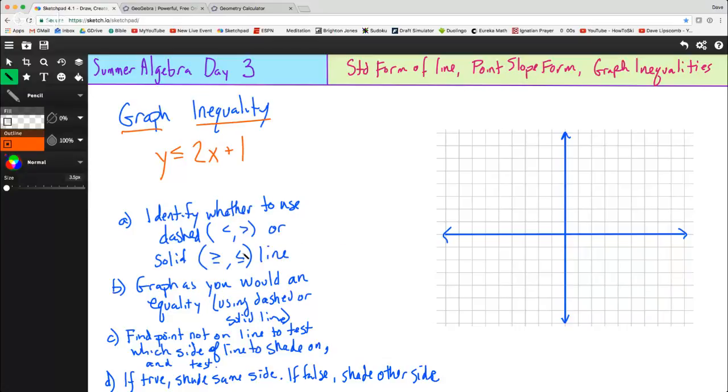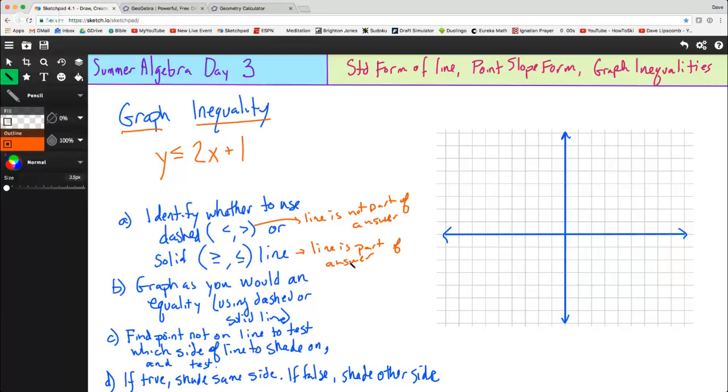Greater than or equal to, or less than or equal to, means a solid line, which means the line is part of the answer. A dashed line, for less than or greater than, means the line is not part of the answer.